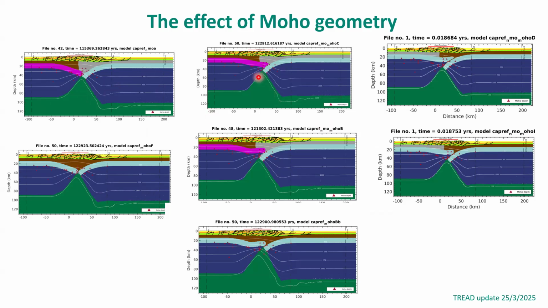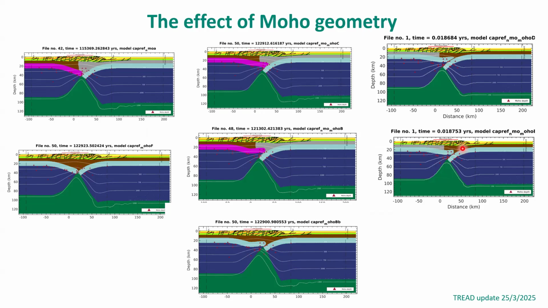Then I tried geometries where the lower crust of the terranean, this left one, is a bit higher, and therefore it will be less ductile, so stiffer. Then I ran a few variations on these models, and on the right are even more extreme cases where it's even shallower. And then I will show you the results.